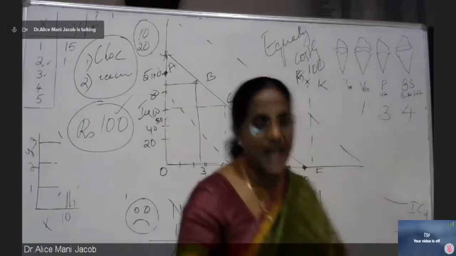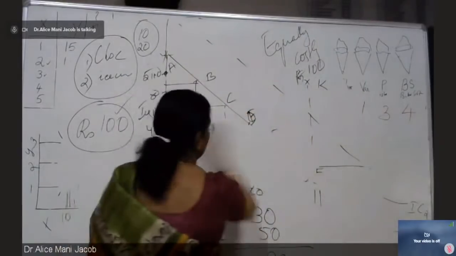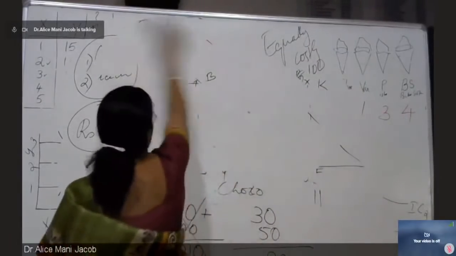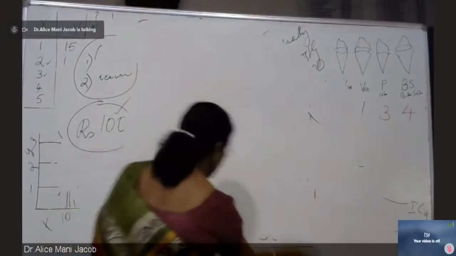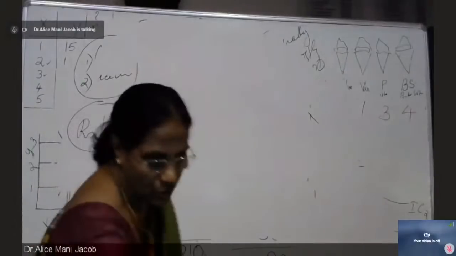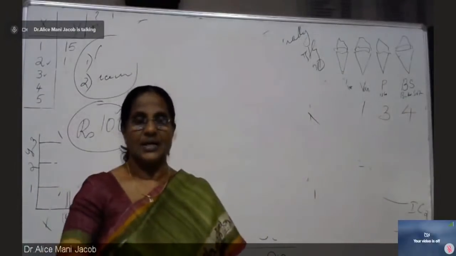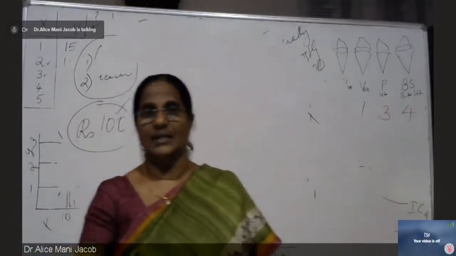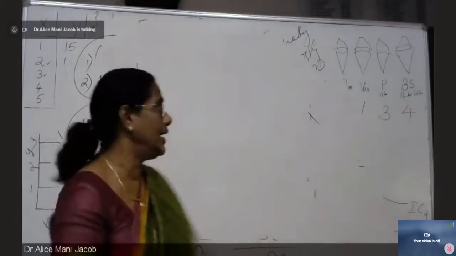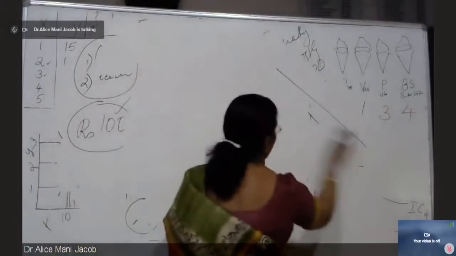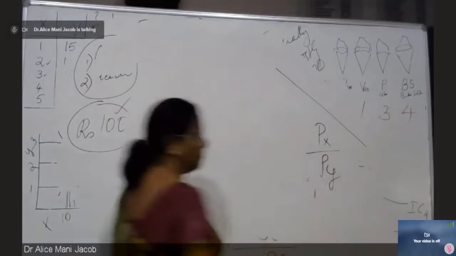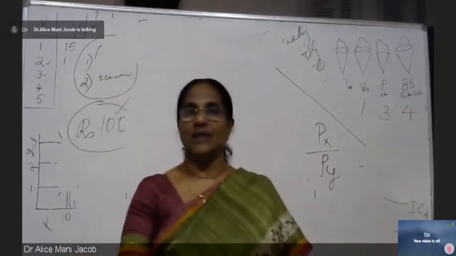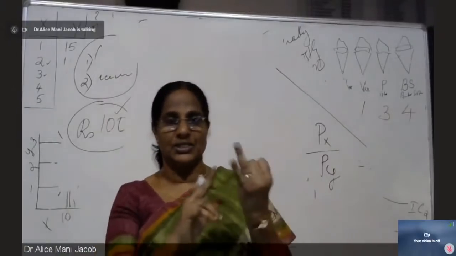Okay, so the higher your budget, the further away from the origin your budget line will be; the lower your budget, the closer to the origin. The slope of the budget line is nothing but Px by Py. Now we have come to two conclusions.